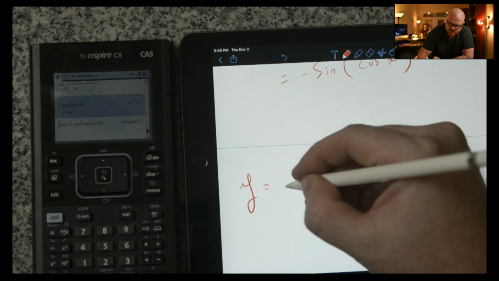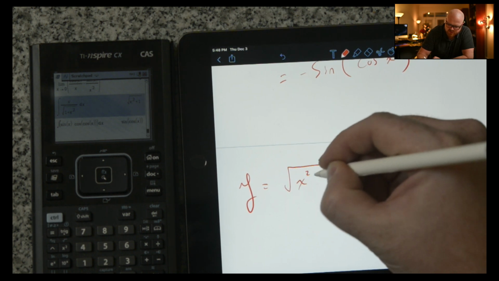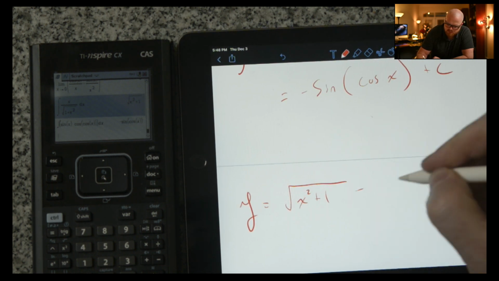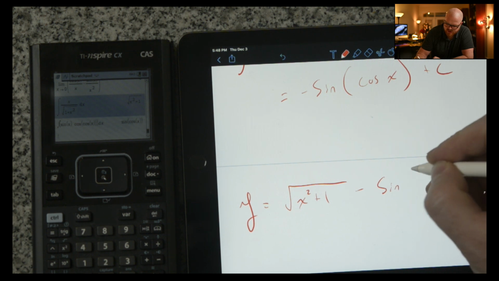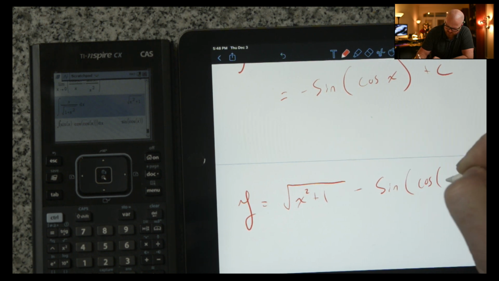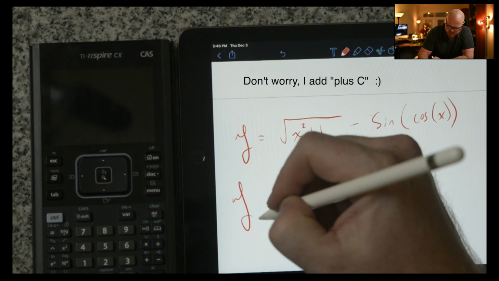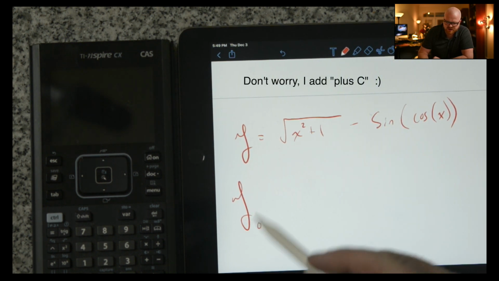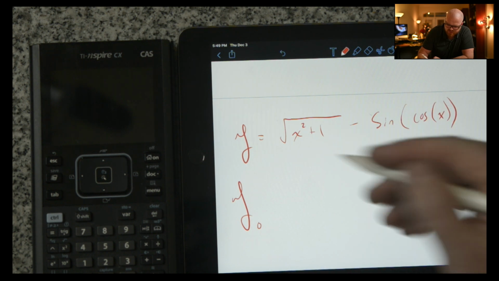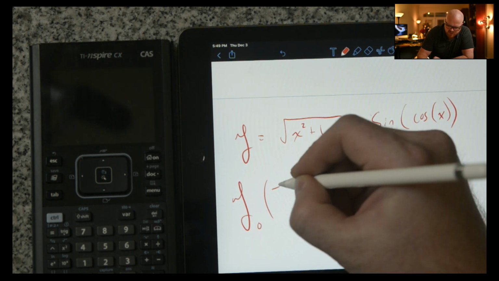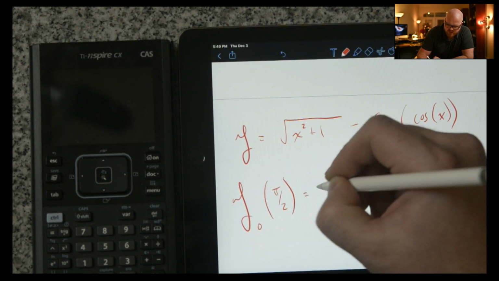So altogether, we'll declare this as y: square root of x squared plus 1 minus sine of cosine of x. And then remember that they tell us our initial condition, sometimes notated as y sub 0, y of pi over 2 was equal to 0.